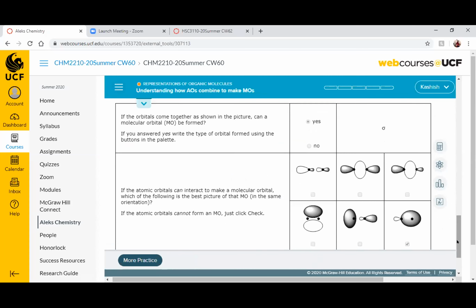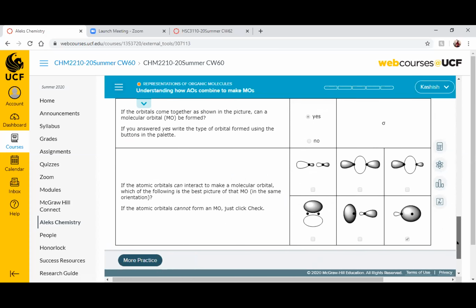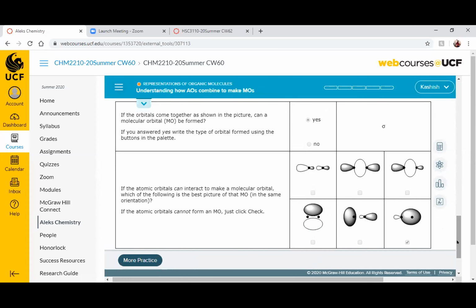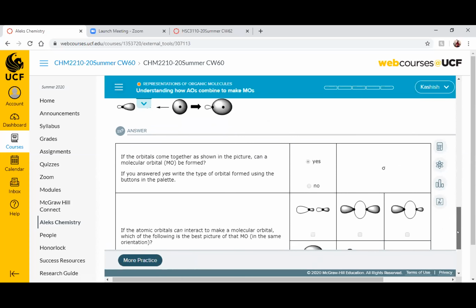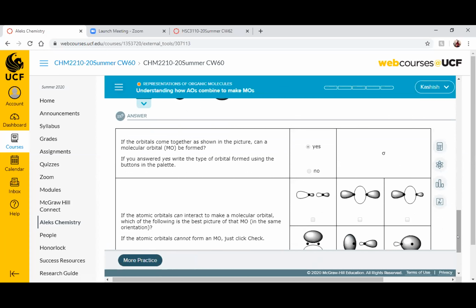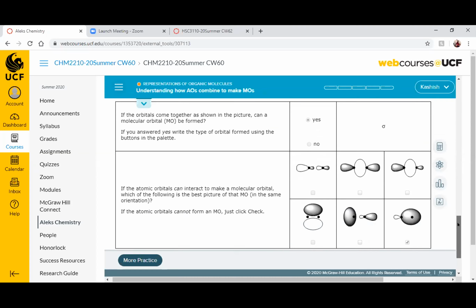Okay, so sigma. So we put pi instead of sigma. The reason that it's sigma is usually when an S and a P come together, it is sigma. I just thought maybe it was pi because maybe it was trying to trick you, but no. So usually when we're looking at molecular orbitals, when they're on their side, like we see here in this example, it's usually going to be a sigma orbital or a molecular orbital. And then when you have, can you scroll up real quick?